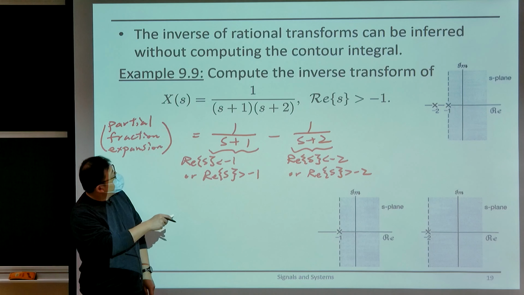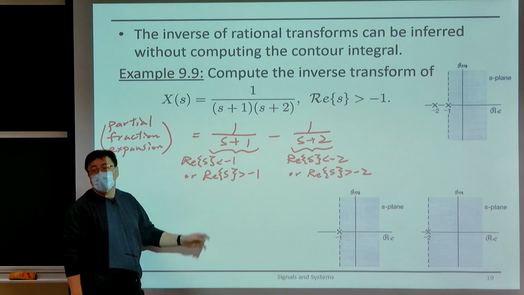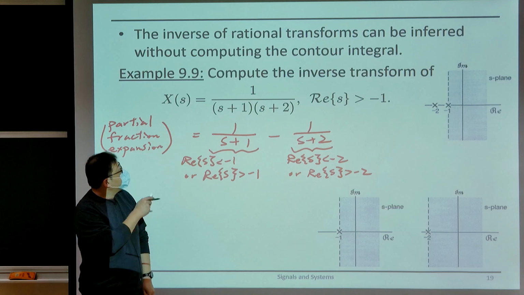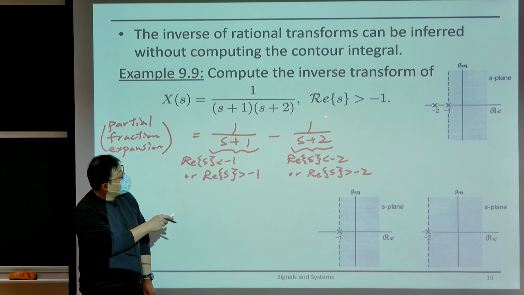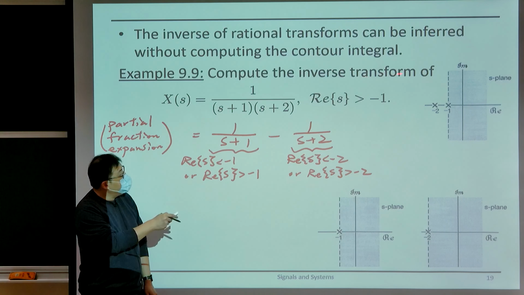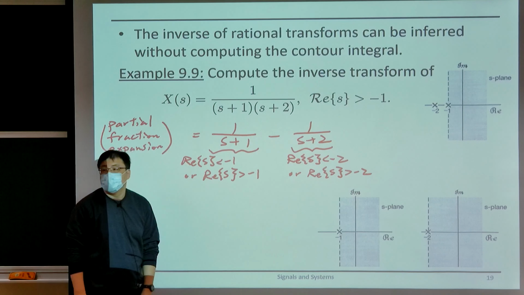We can observe the region of convergence for the original Laplace transform. We see that this should have a region of convergence that is greater than -1, which means that in this region, both of these should exist.